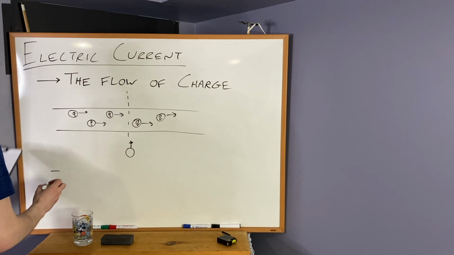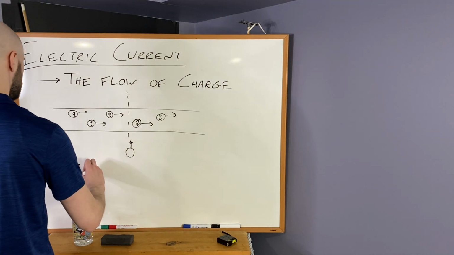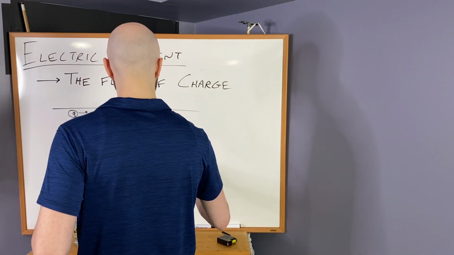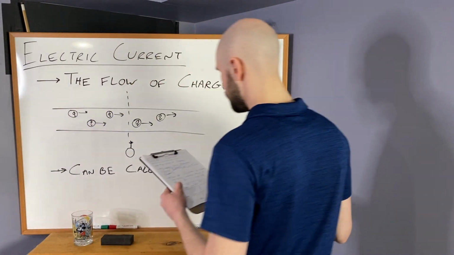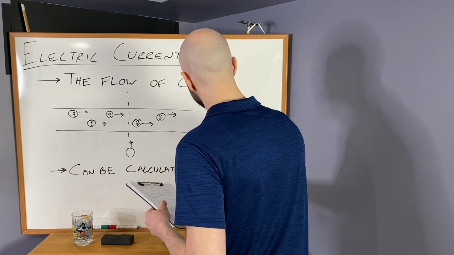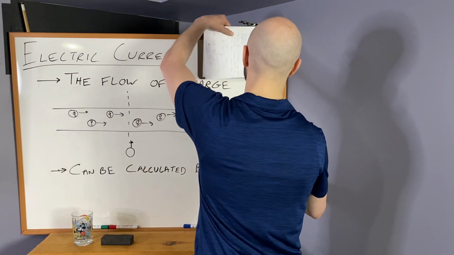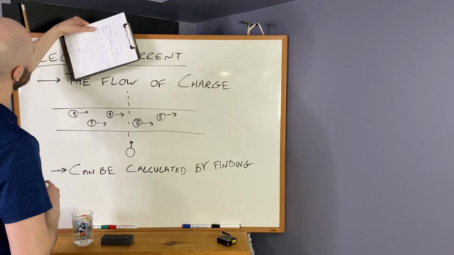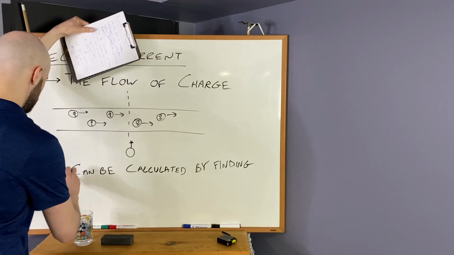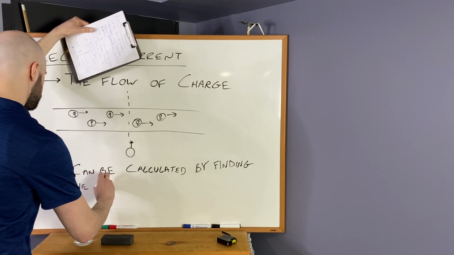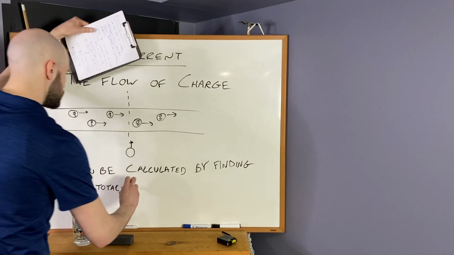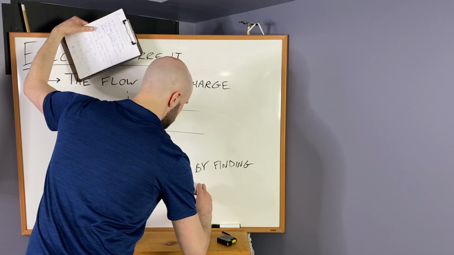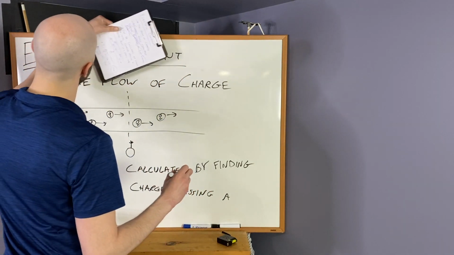So, the electric current can be calculated by finding the total charge passing a specific point in a given time.